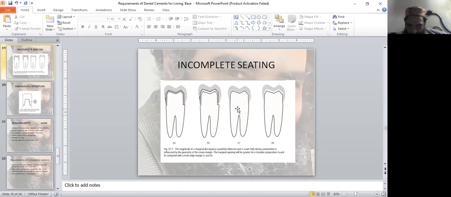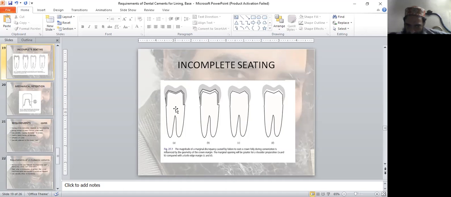Again, it is fully seated and it is not fully seated. You can see this knife edge is also somewhat above, and there is more widening or more space between the crown and the tooth. And here you can see a uniform space between the crown and the tooth.